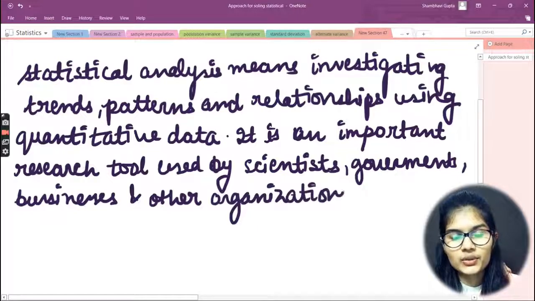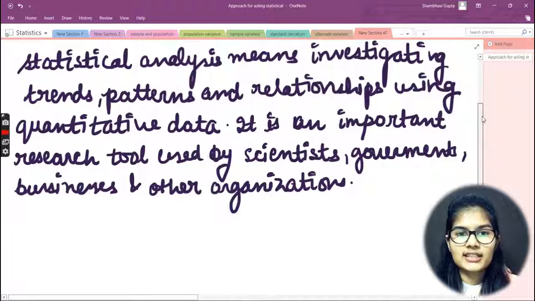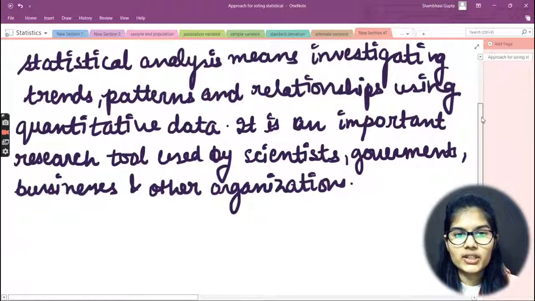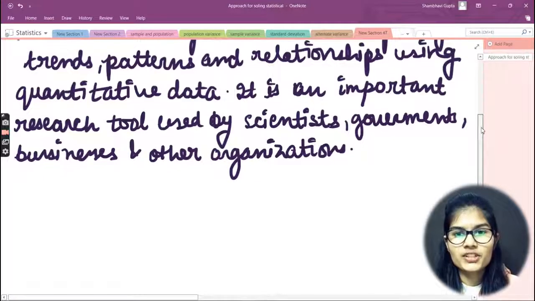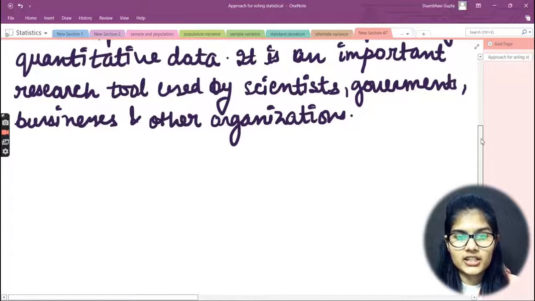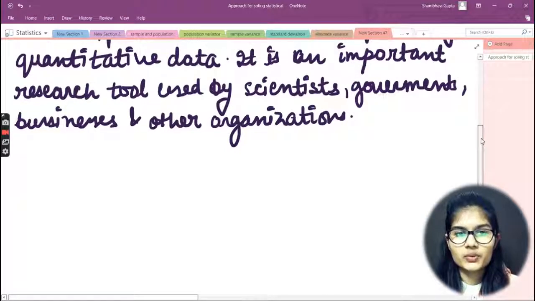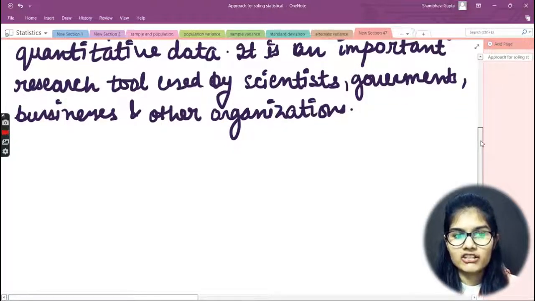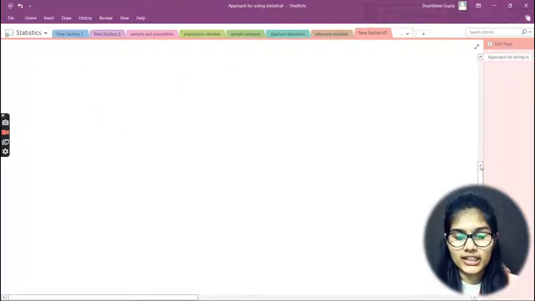So the statistical analysis means investigating the trends, patterns and relationships using the quantitative data. It is an important research tool which is used by scientists, government, business and other organizations.